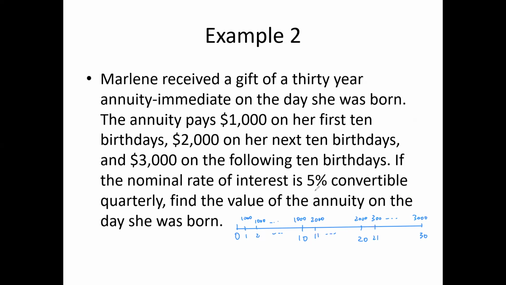Oh, actually, we need to figure out i. This is a nominal rate, convertible quarterly. So i is 1 plus 0.05 over 4, to the fourth, minus 1. You calculate it out, and save it in your calculator because you want to be very careful.